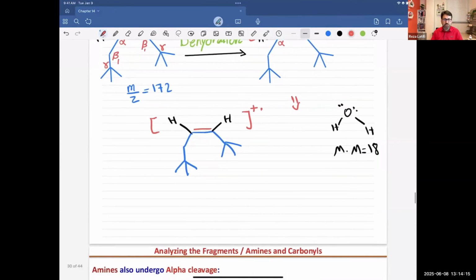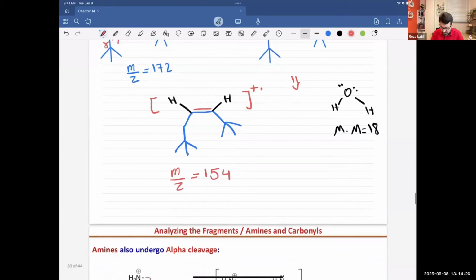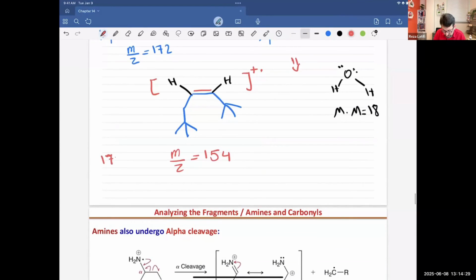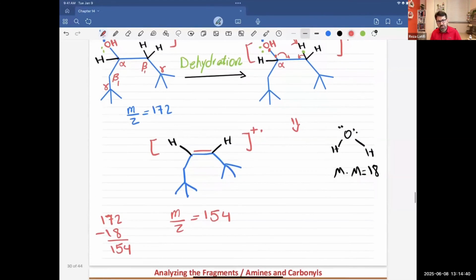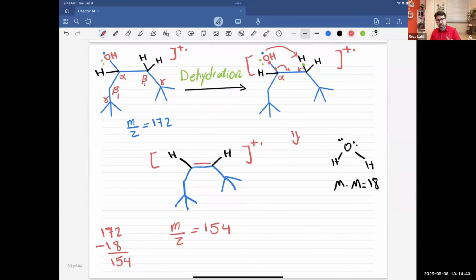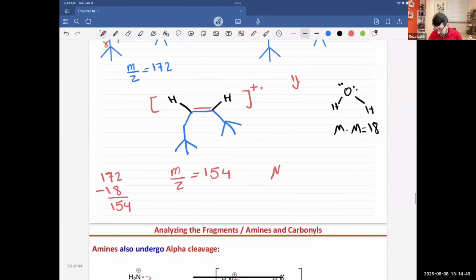So still I will have a radical cation, and the m/z for this species is 154. Well, water is 18. So if I say here 172 minus 18, that's going to give me 154. So that's the reason we say this mechanism, or the dehydration, can be written as M minus 18, because we are losing one molecule.